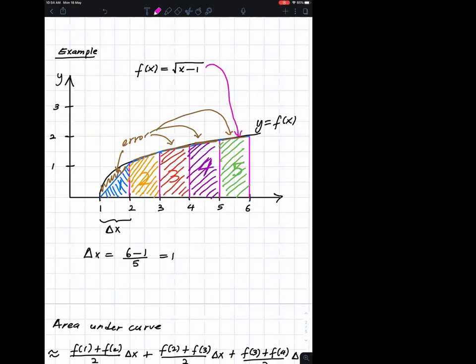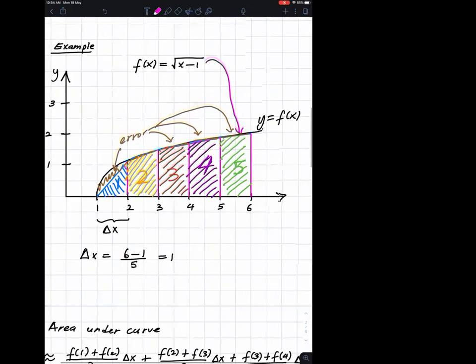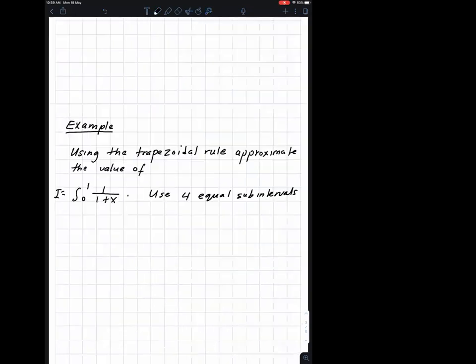So you can split the area under the curve into how many intervals? 5 intervals in this case. Okay. Each interval has equal step size: 1, 2, 3, 4, 5. Each interval has the same step size.